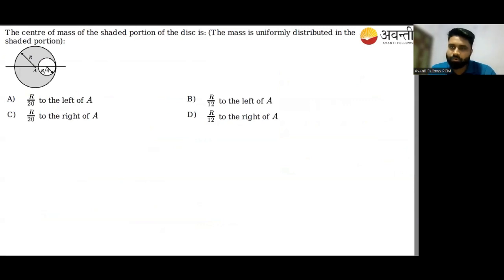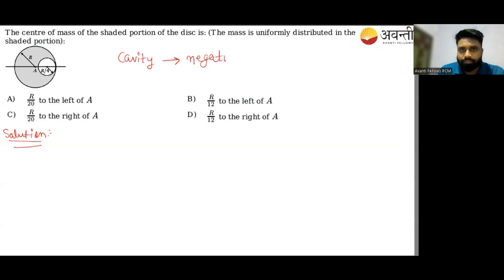This question is from rotational dynamics and from the topic of center of mass. Now, we are going to find out the solution of this question. Whenever this type of question comes to you, in which there is a cavity and the question is asking about the center of mass of the shaded portion, in this type of problem you have to consider the cavity as negative mass.